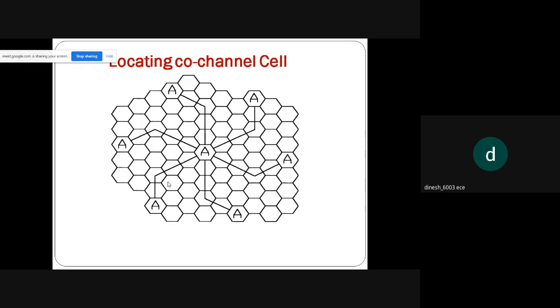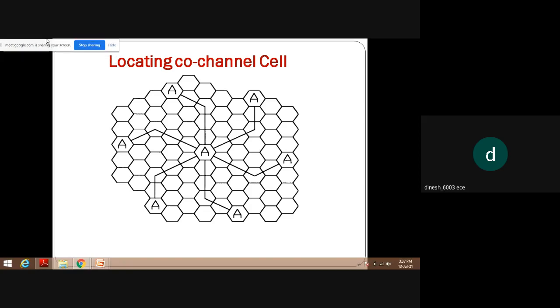Next is locating co-channel cells. This forms the area of coverage from one point to another point. For example, I am taking A, which is the cell.